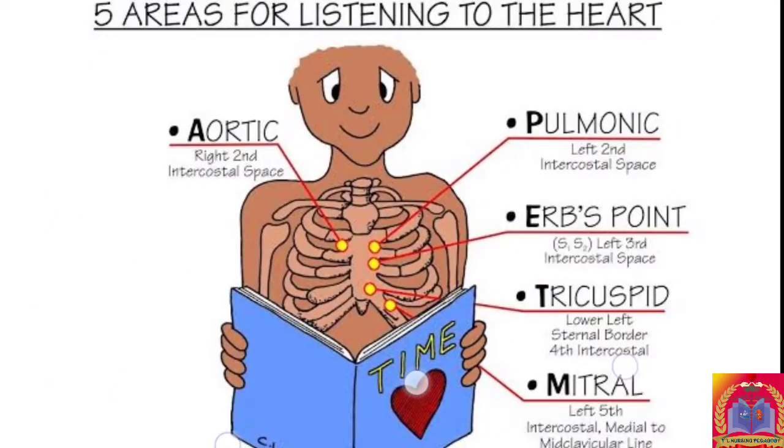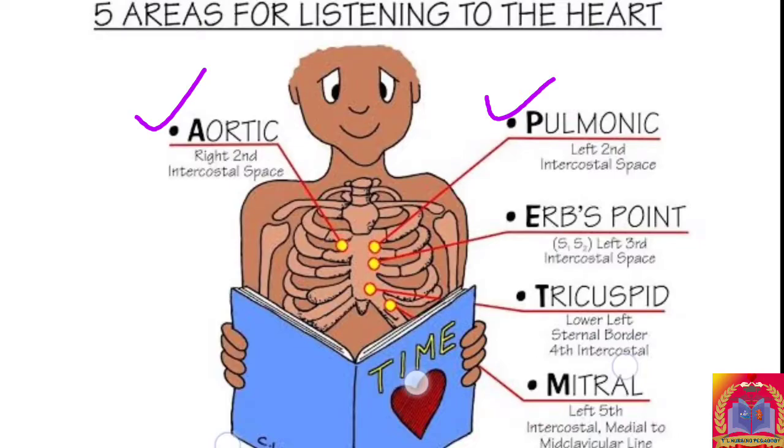In this diagram, there are 5 areas for listening to the heart, which means we can auscultate 5 areas for the assessment. The first area is the aortic, which is located in the right second intercostal space. The next auscultation area is the pulmonic area, which is located in the left second intercostal space.